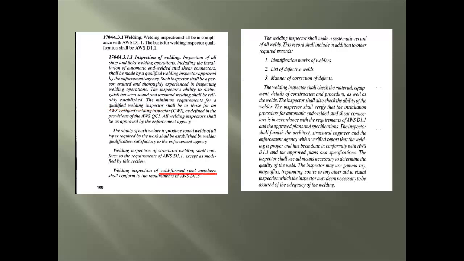Here we see that if welding of cold-formed steel, also known as light gauge steel, is performed, it must comply with AWS D1.3. Also, another duty of the welding inspector is verifying the installation of automatic end-welded stud shear connectors.